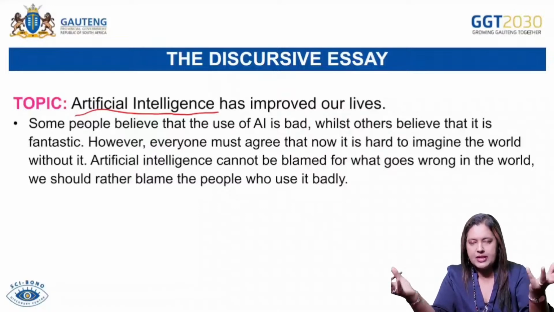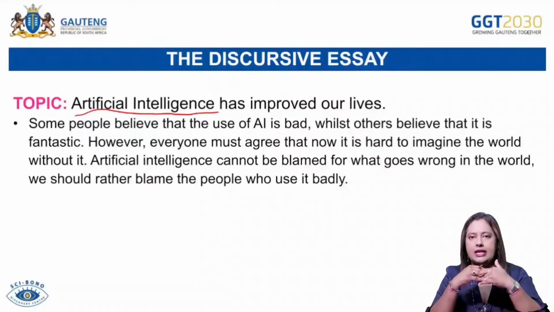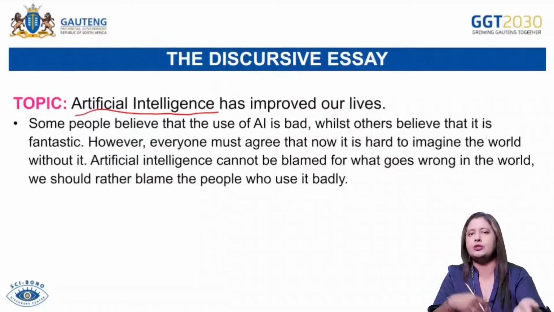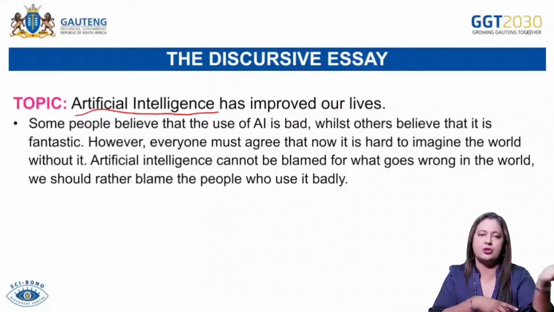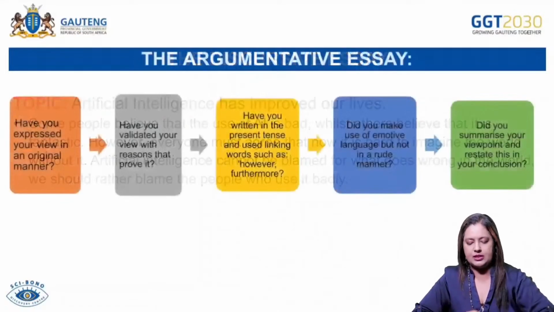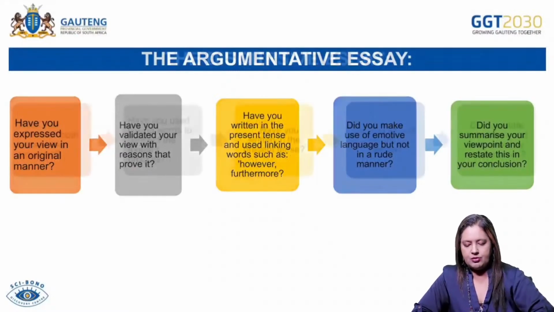So you have to express both sides of the topic, and at the end only say whether you believe it to be good or bad, or possibly beneficial and also not so beneficial. That kind of idea only comes in the conclusion. Right. Then with regards to the argumentative essay, I've done this for you already.